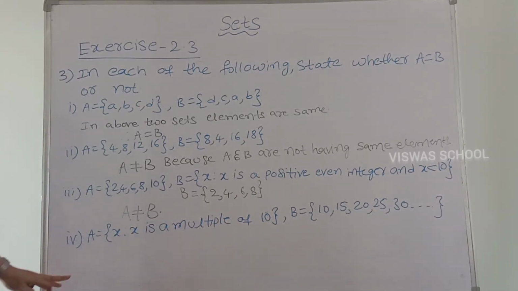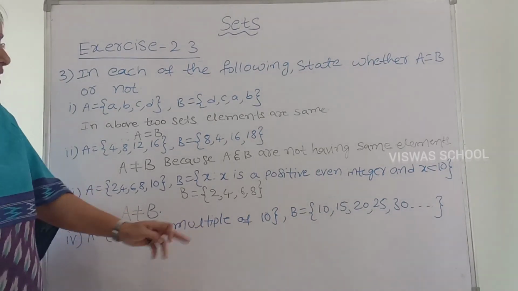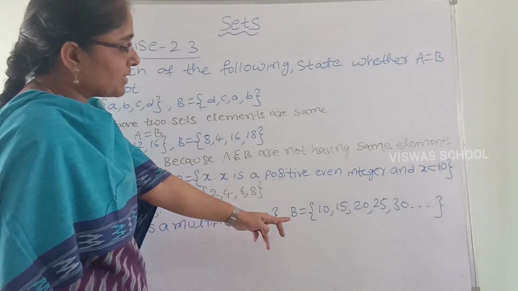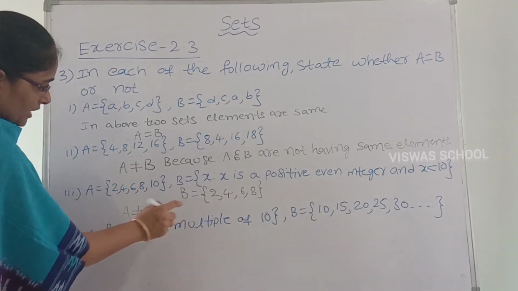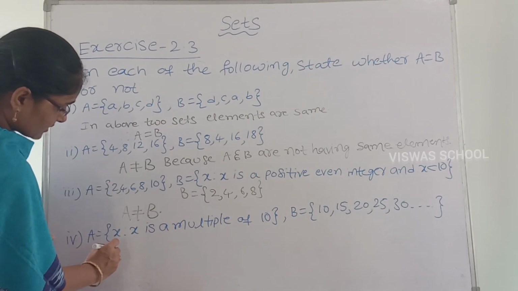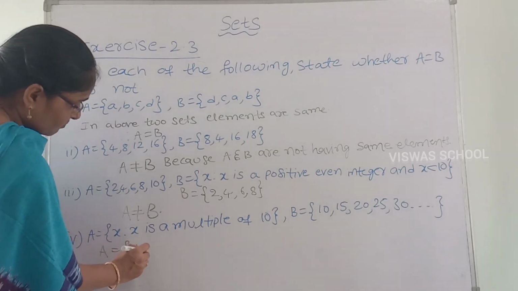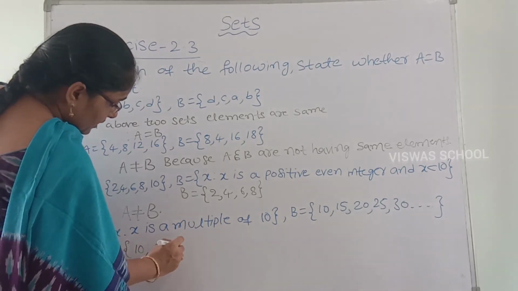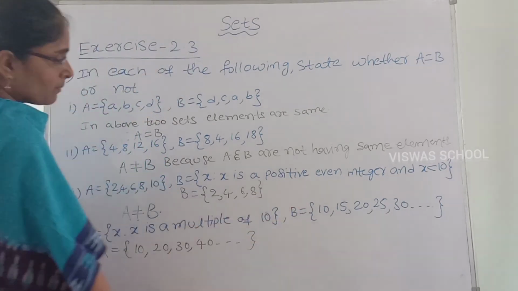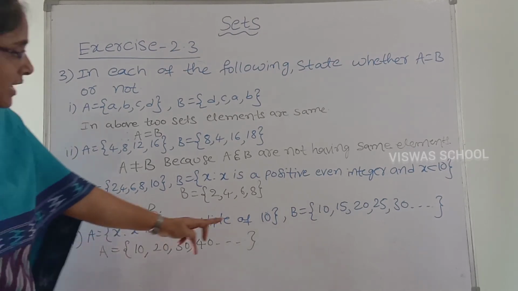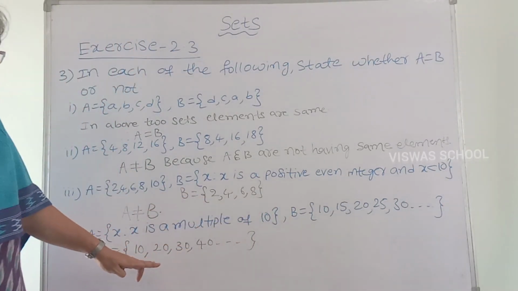And next one is A equals {x such that x is a multiple of 10} and B is {10, 15, 20, 25, 30}. Multiple of 10 means set A contains which elements? 10, 20, 30, 40, and so on. Are set A and set B elements the same or not?